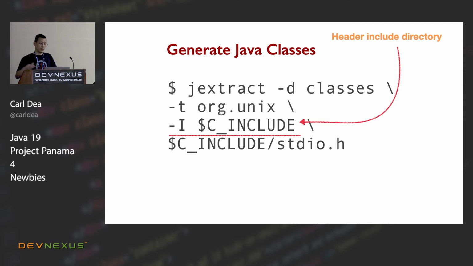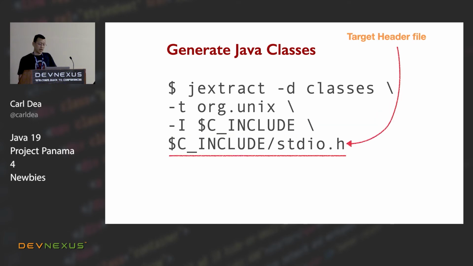And then that long path where they actually are located on a Mac, I put it there, so -I and that directory. And of course, you're targeting this particular header file that you want generated Panama code for, that low-level code that you want to call conveniently.